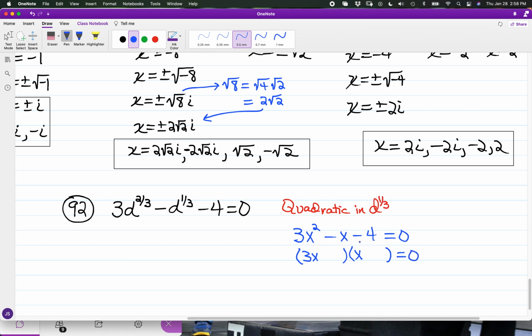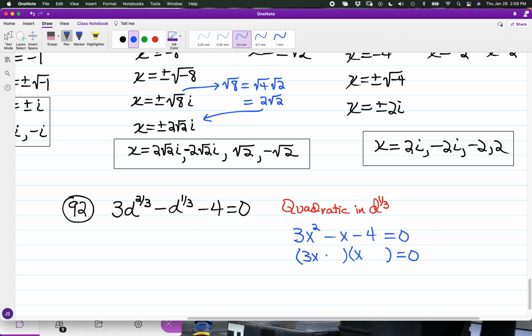And then for the factors of negative 4, there has to be one right combination, whether it's plus 1 minus 4, plus 4 minus 1, plus 2 minus 2, minus 2 plus 2, where the outside and the inside products will add up to minus 1x.